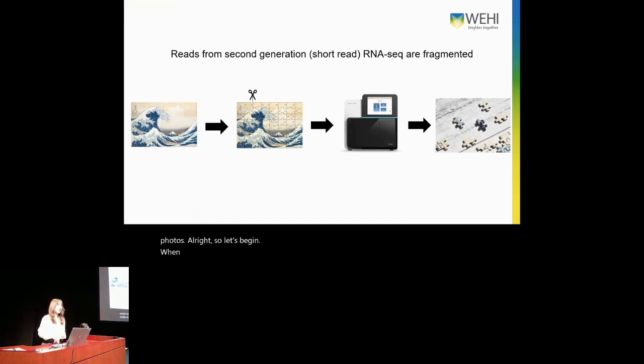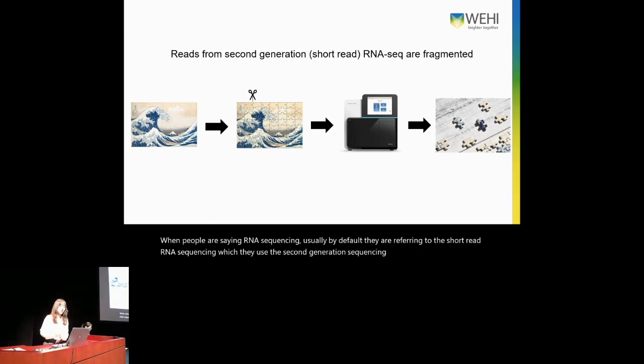When people say RNA sequencing, by default they usually refer to short-read RNA sequencing, which uses second-generation sequencing technology, also called next-generation sequencing. Using this technology, the RNA molecules are fragmented during library preparation.